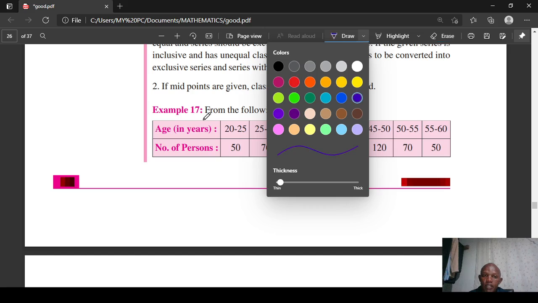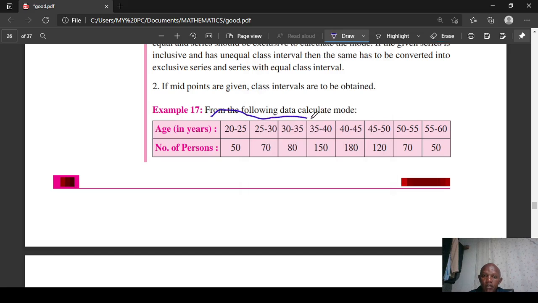This question is saying, from the following data, calculate the mode, actually the modal age. Now these ages range between 20 and 60, and we have their frequencies.